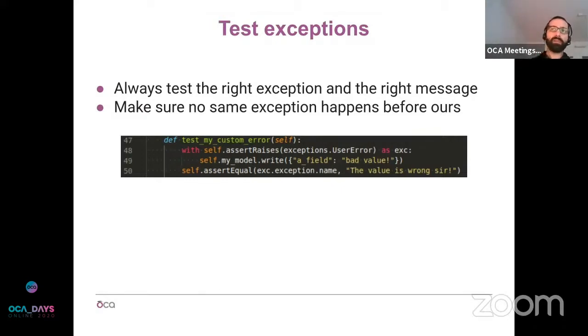So if something fails before your code where you raise this exception, you don't even know if your piece of code is running or not. So the recommendation is use the context manager, catch the exception, and right after check if the exception message is the one that you're actually triggering in your custom code.